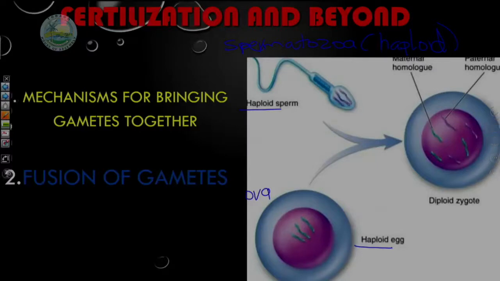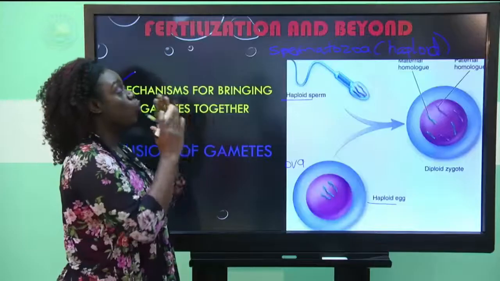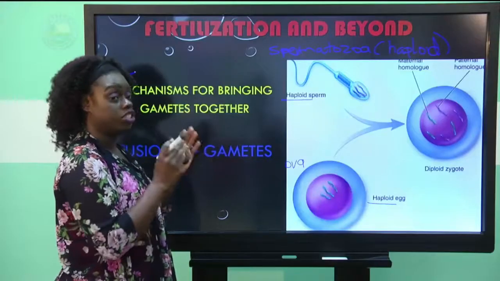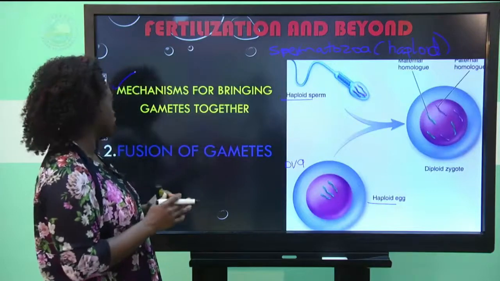So how do they meet? We have to have sexual intercourse, where sperm are going to be released high up into the vagina, and that is going to bring that sperm and that egg closer together. The sperm will have to swim through the uterus and into the fallopian tubes, where they will meet the egg just after ovulation.